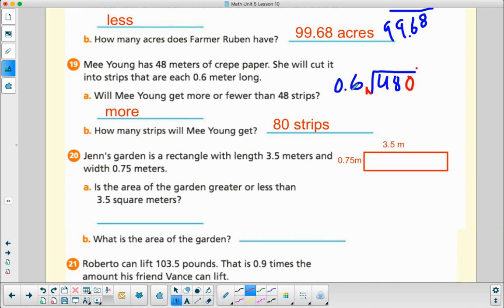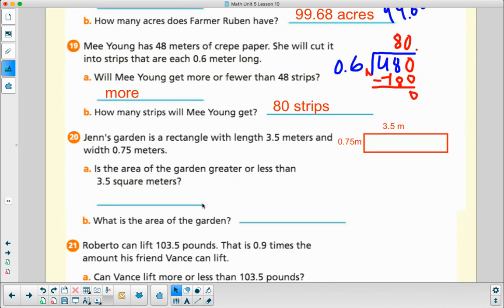And now I have 480 divided by 6. Well, that's pretty much mental math. I know that 8 multiplied by 6 is 48, so 80 multiplied by 6 is 480. And I'm left with 0. All right.